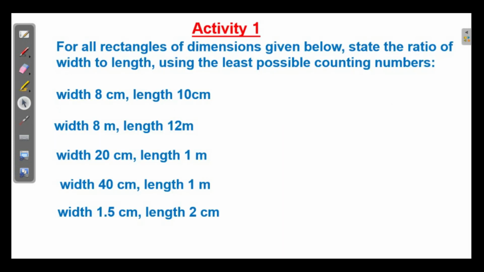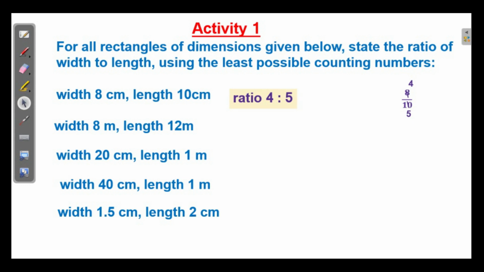The first activity is: for all rectangles of dimensions given below, state the ratio of width to length using the least possible counting numbers. Width is 8 cm, length is 10 cm. So what's the ratio of width to length? Usually we write it as 8 by 10, strike off the common factors and we may write the ratio as 4:5.